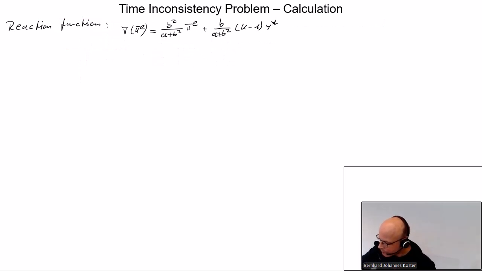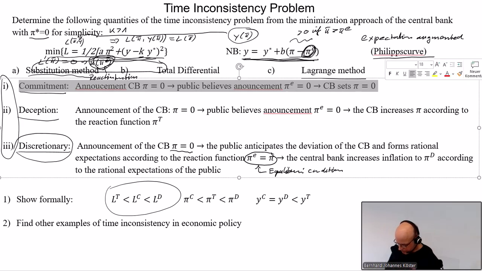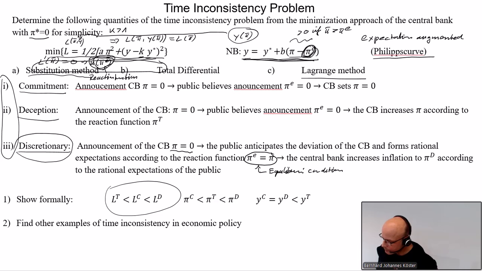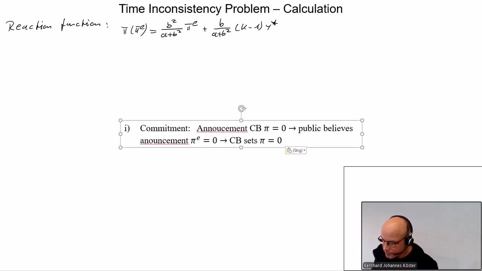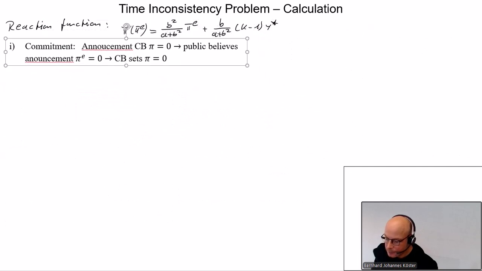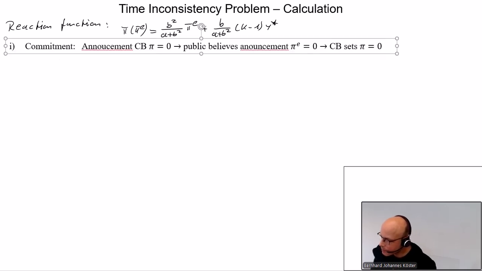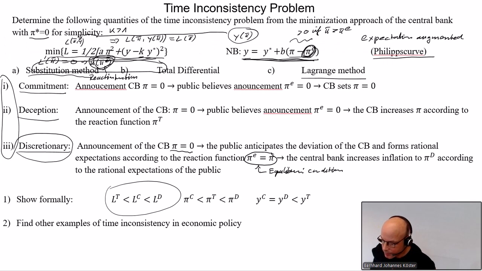So then first, commitment. And the second was deception, which we have not already calculated.